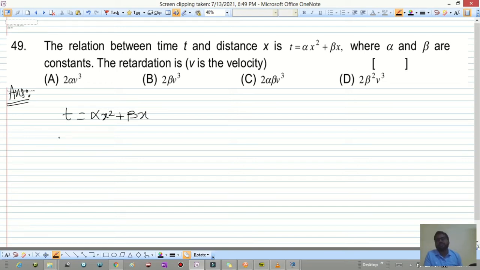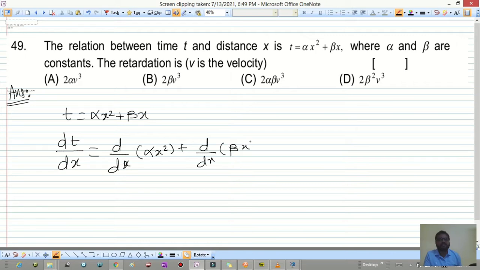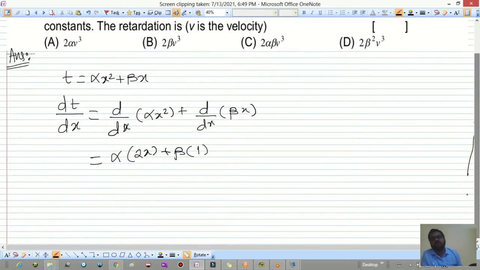If you differentiate time with respect to distance, that is dt by dx, you will get d by dx of alpha x squared plus d by dx of beta x, isn't it? So if you just differentiate this, you will get alpha, differentiation of x square is 2x, plus beta, differentiation of x is 1. So now we have 1 divided by dx by dt.